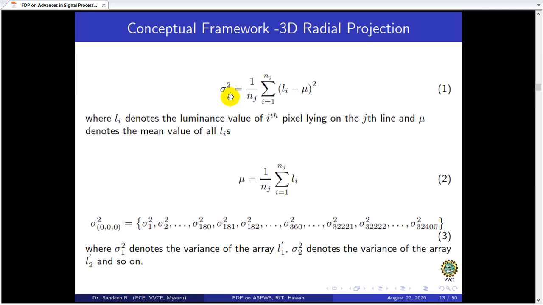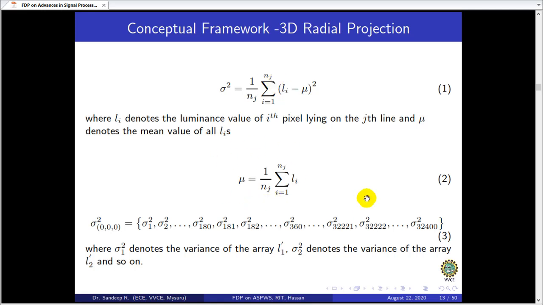The variance is calculated as sigma square equals 1 by nj, summation i equals 1 to nj, of (Li minus mu) whole square. Li represents the luminance component of the ith pixel, mu represents the mean of the pixels lying on the radial line, and nj represents the number of pixels lying along the radial line.